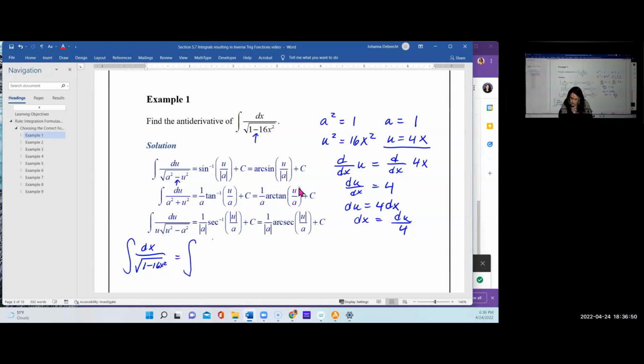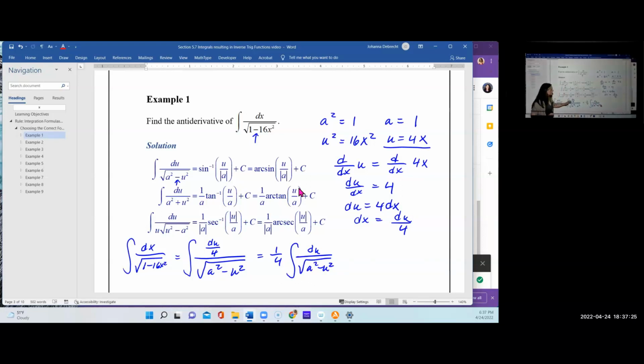We replace the dx with du over 4 over the square root, replacing 1 with a squared and replacing 16x squared with u squared. Notice that we have a du over 4 on top. The 1/4 is a constant factor, which can be factored out of the fraction and indeed out of the entire integral and brought to the front. This becomes 1/4 the integral of du over the square root of a squared minus u squared.